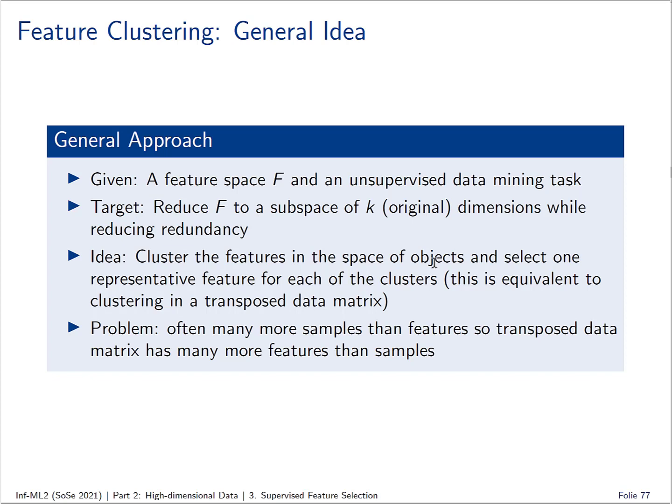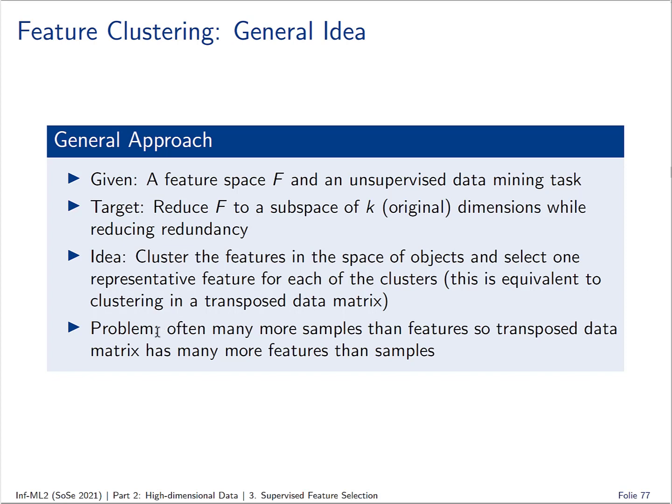For example, using a k-partitioning algorithm, so k-means or something like that, giving you k clusters of features, and in each cluster, the features should have rather similar values in all the observations. That is the basic idea, and then we can just reduce the features of each cluster to the corresponding medoid or whatever.